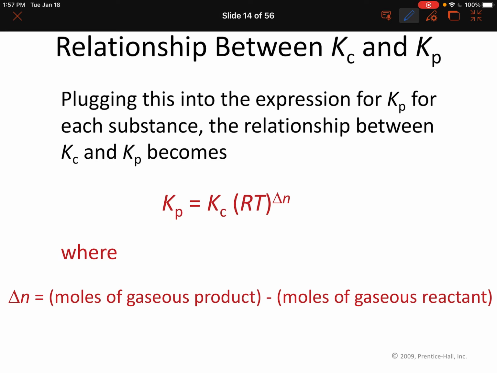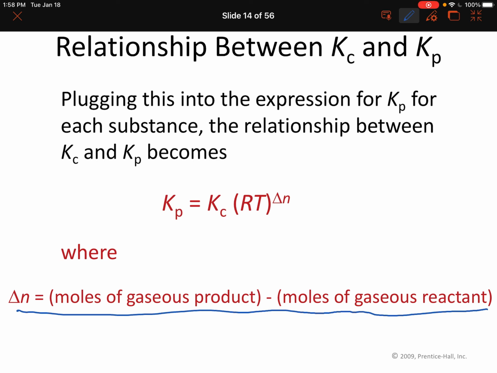So when we get to this expression, it says Kp equals Kc times RT to the delta n power. And this is only going to apply for things that are gases, but delta n is the moles of gas phase product minus the moles of gas phase reactant.